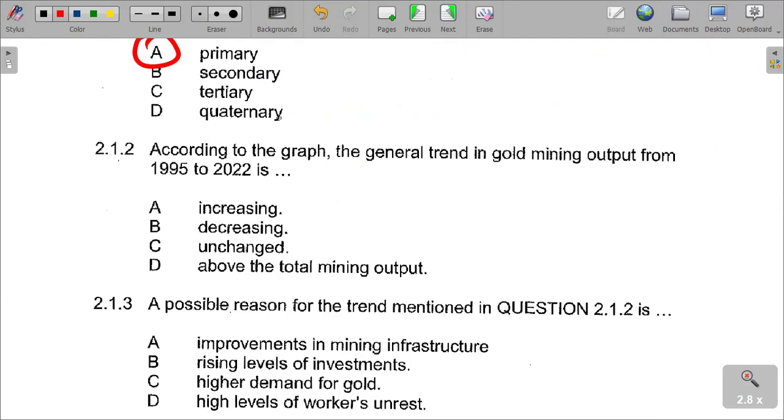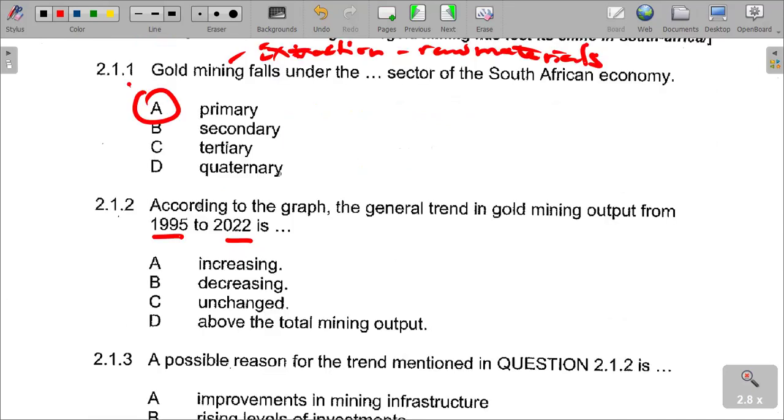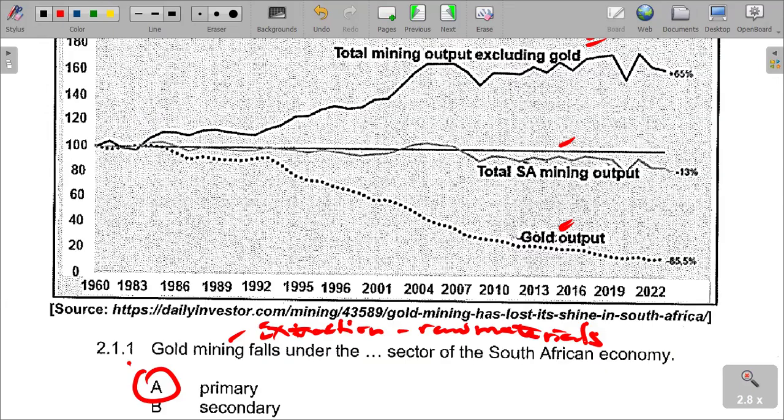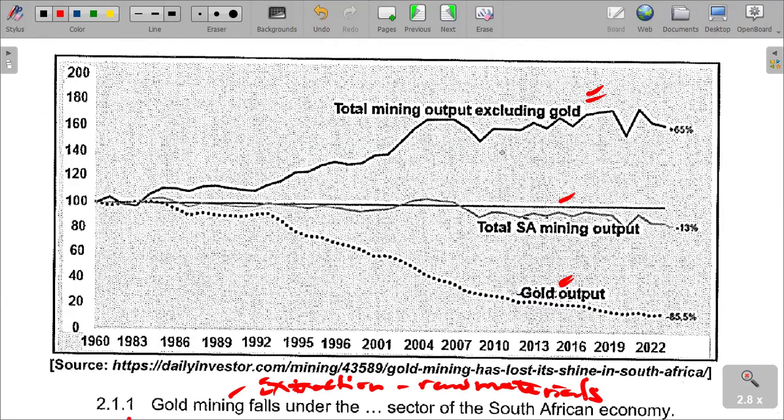According to the graph, the general trend in gold mining output from 1995 to 2022 is dash. What happens from 1995 to 2022 in terms of the gold mining output?